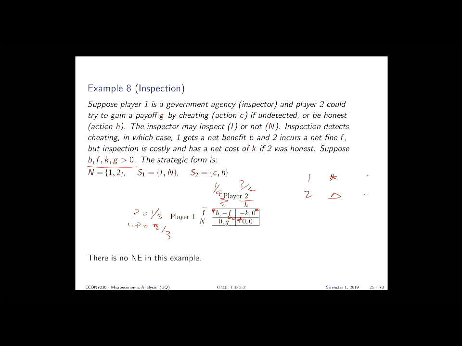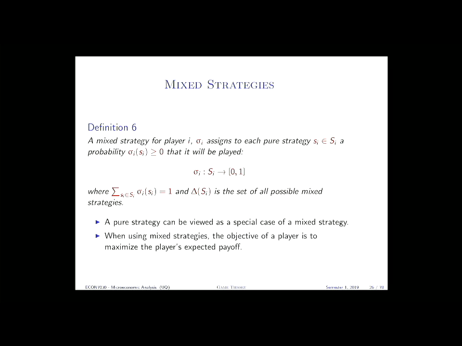This is a possible mixed strategy. Obviously, this is not a mixed strategy in Nash equilibrium. I haven't even said how to define a mixed strategy at Nash equilibrium. It is too early. The next slide is that. But we are just defining possible mixed strategies. Then I'll let you know how to find the Nash equilibrium in mixed strategies.